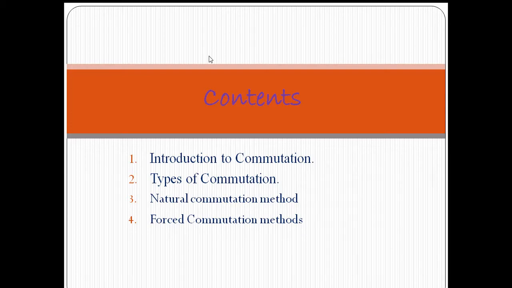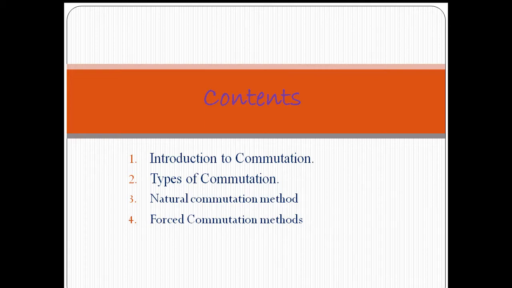Commutation is nothing but the process of turning off the SCR. For that, we use different methods. There are mainly two types of commutation: natural commutation and forced commutation.